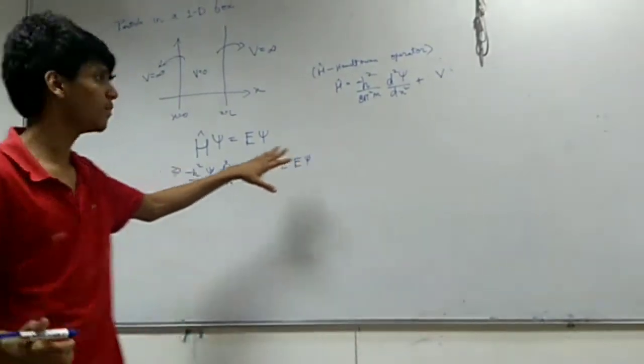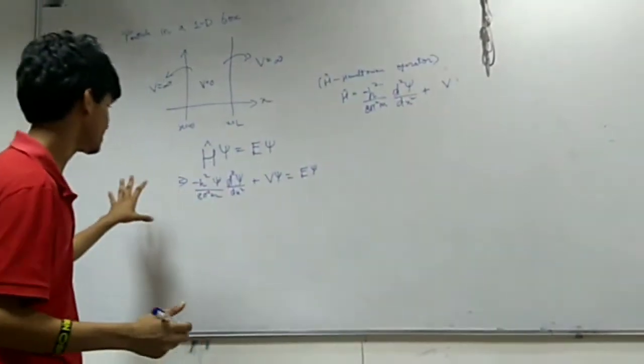So this is what we get from substituting the Hamiltonian operator in this equation.